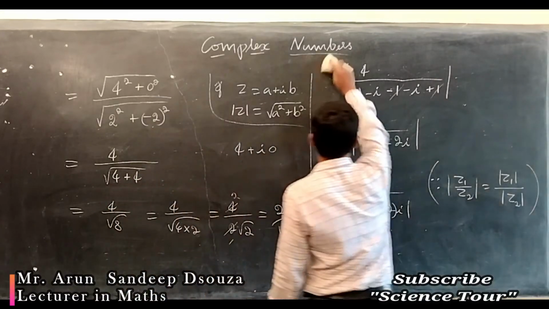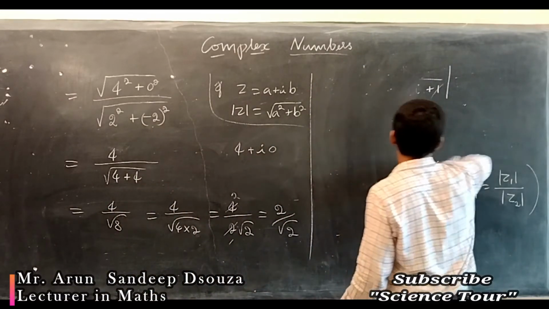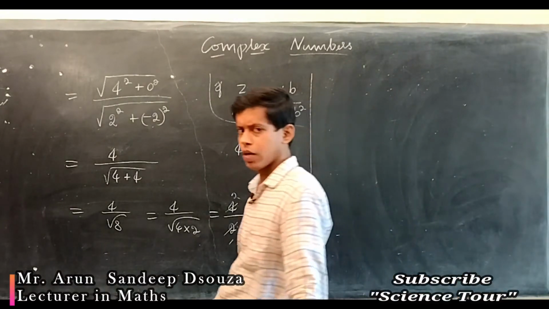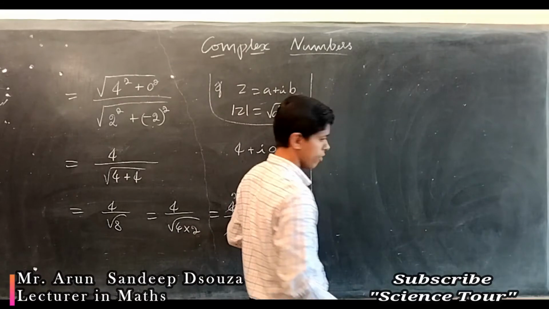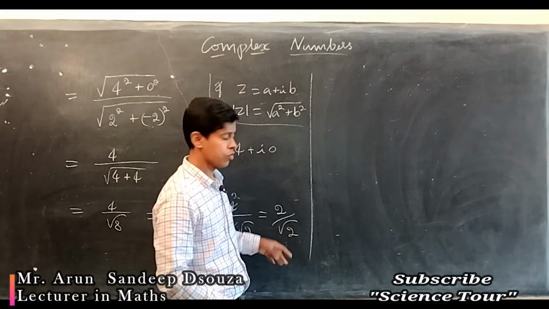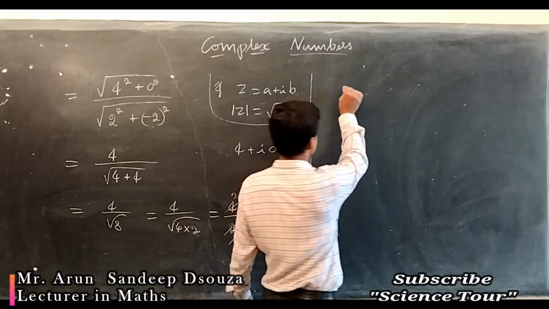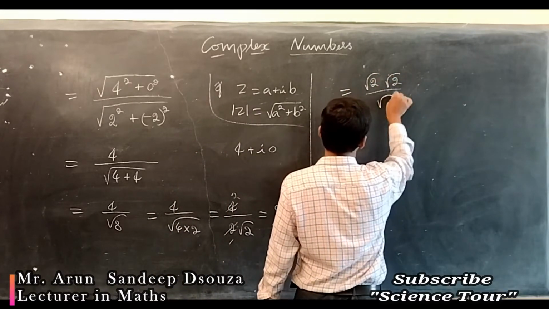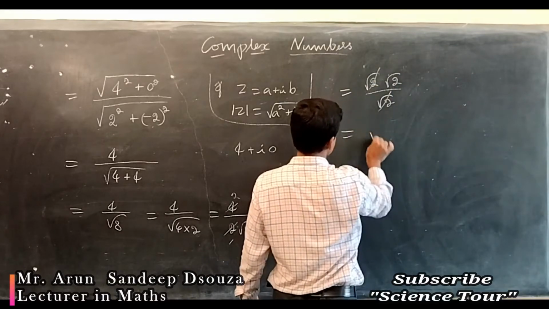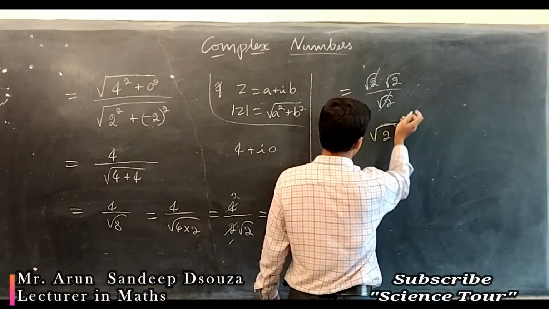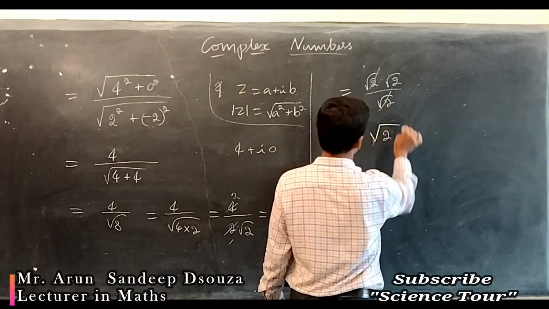So continue. Okay, so 2 by root 2. You can simplify. How? 2 can be written as root 2 into root 2, divided by root 2. So one root 2 gets cancelled. Root 2 is the answer.